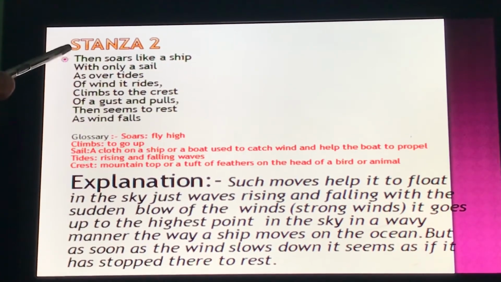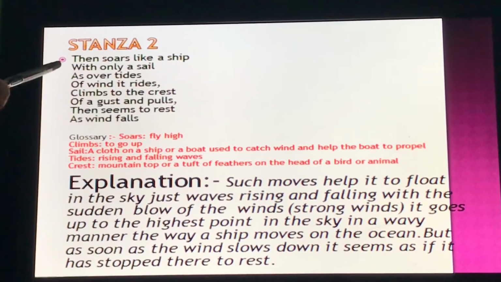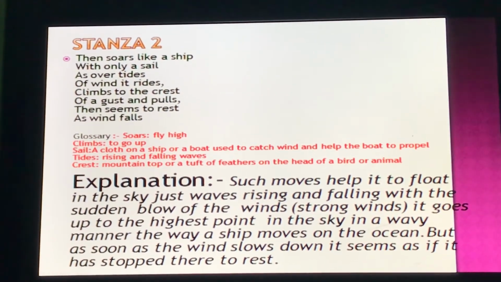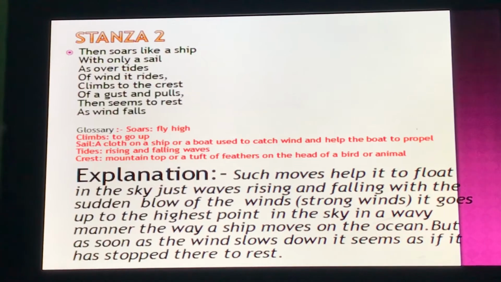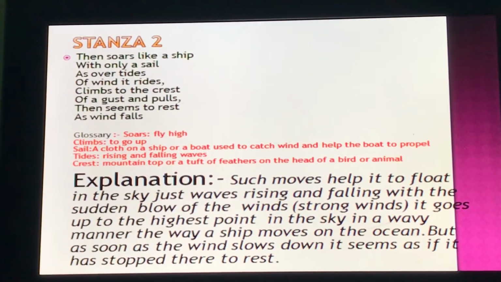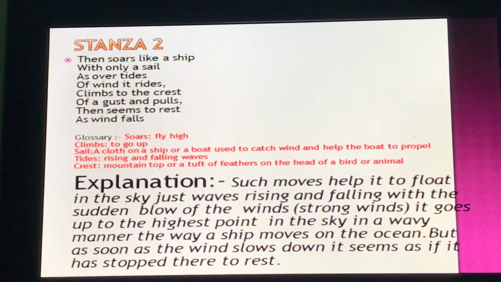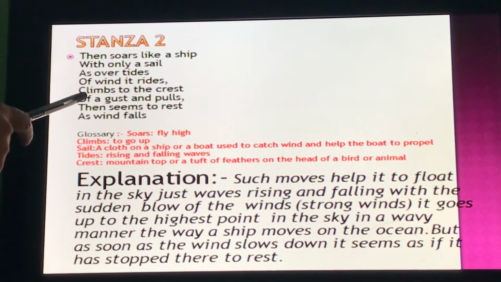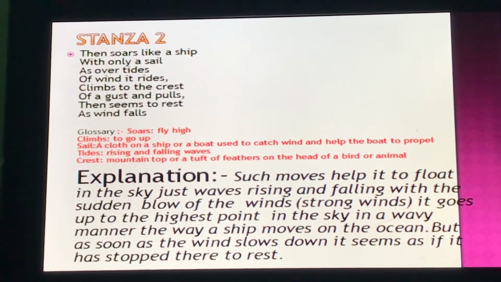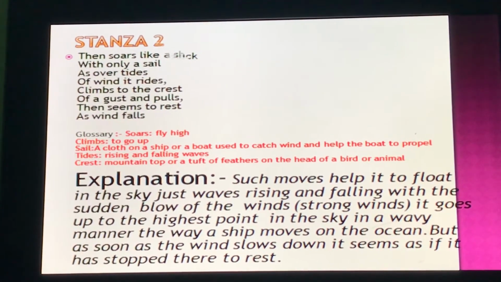Here he is explaining how a kite is flying like a ship rising on the tides in the ocean. But as soon as the wind slows down, it seems as if it has stopped there to rest. When there is no wind, it stands still just to have a rest.